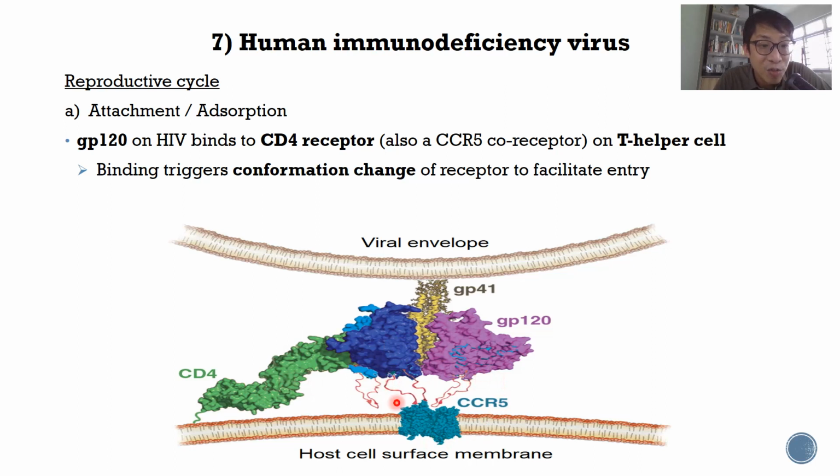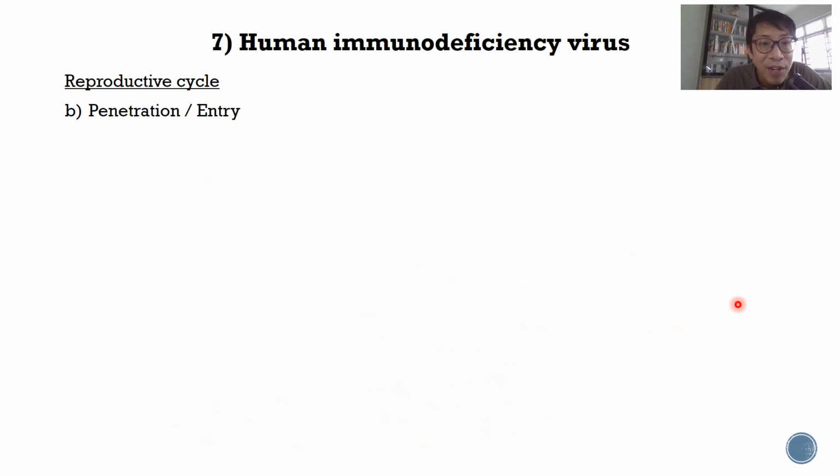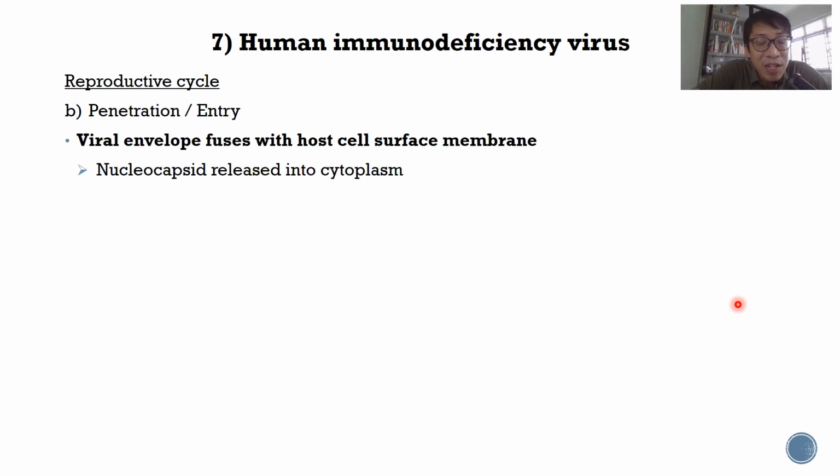So GP120 binds to both CD4 and CCR5, and that causes conformation change of the receptor, and that facilitates the entry. The entry of HIV is via a fusion between the viral envelope with the cell surface membrane of the host T helper cell. Because of the fusion of these two membranes, the nucleocapsid will be released into the cytoplasm.